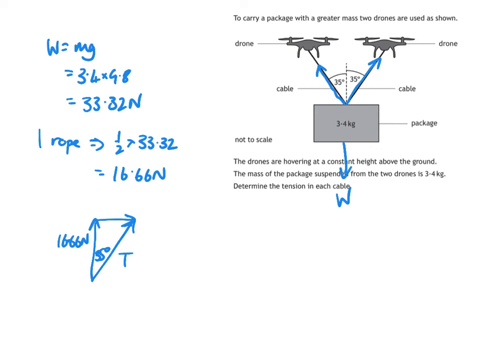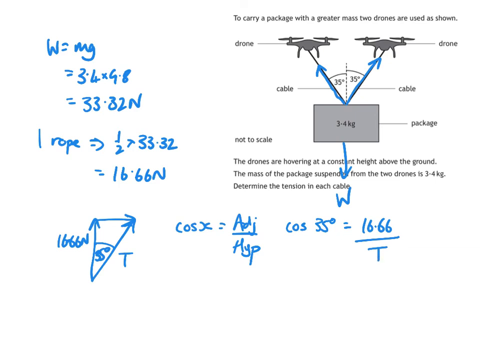So using the theory that we've just looked at, we can see that the 16.66 here is adjacent to the angle that we're given. So we're going to use cos x equals adjacent over hypotenuse, which in this case is cos 35, and the adjacent we know is 16.66 newtons, and the hypotenuse is the tension that we're trying to work out.